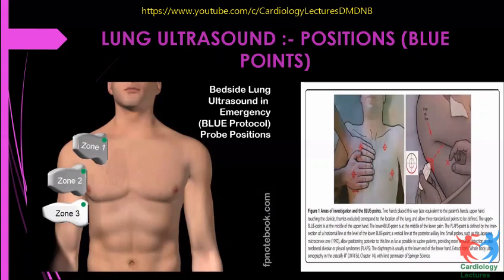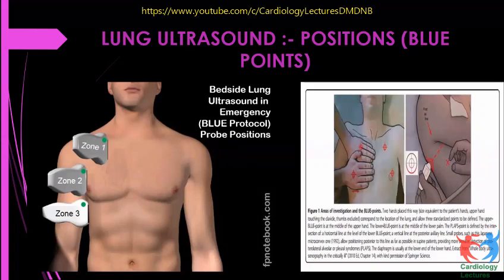So if we put your hands on the patient's chest, usually the junction of the middle and the ring finger is the upper BLUE point. The base of the lower palm's middle finger is the lower BLUE point, and the PLAPS point is usually achieved by putting a vertical line through this lower BLUE point, and this line intersects the posterior axillary line.